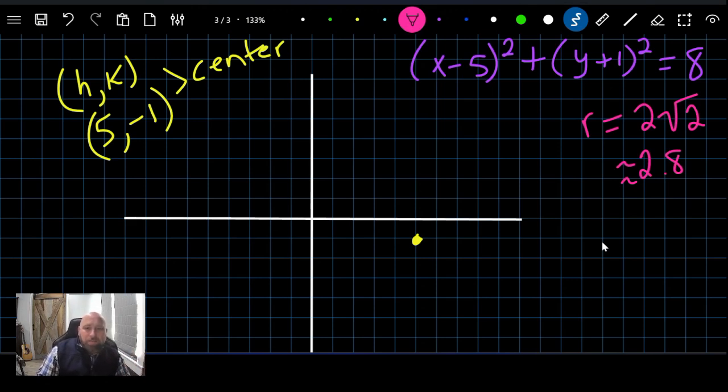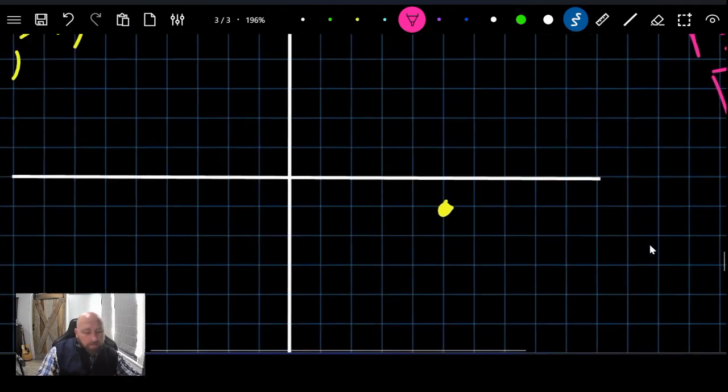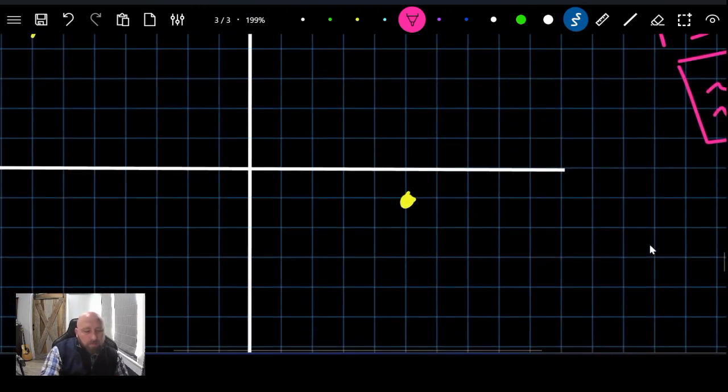I think the easiest way to graph this is by using this approximation right here. So what we're going to do is go approximately 2.8 away. Now, let's blow it up so that we can do this. We're going to go approximately 1, 2.8 is going to put us, okay, it's not going to put us on this. It's going to put us just shy of that spot, right?